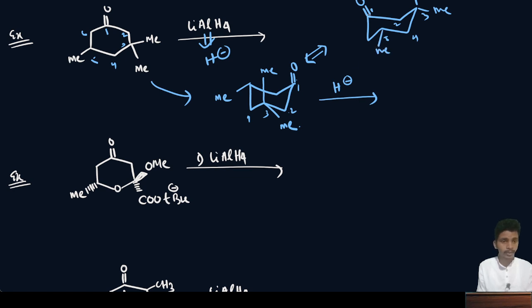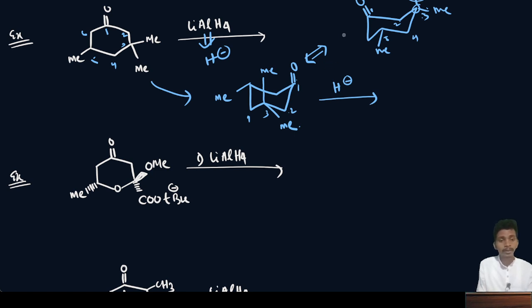Still we see that 1,3 diaxial interaction is present, because here the 2 groups are already fulfilled. If only one is there, then we can change that. If it is above, then we can make it down, so that the axial interaction would not happen. But here both axial and equatorial are occupied. It means that we cannot change it to an equatorial position.